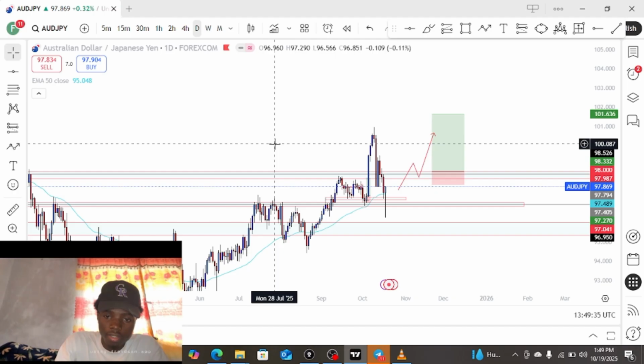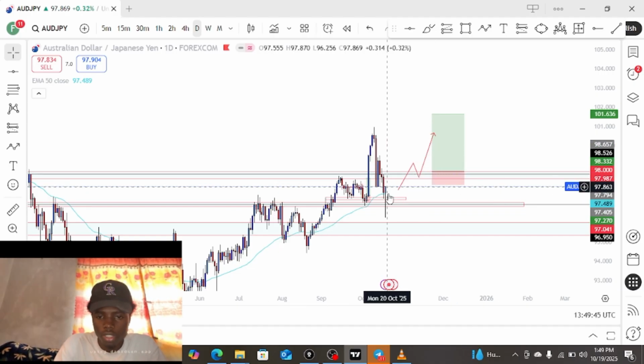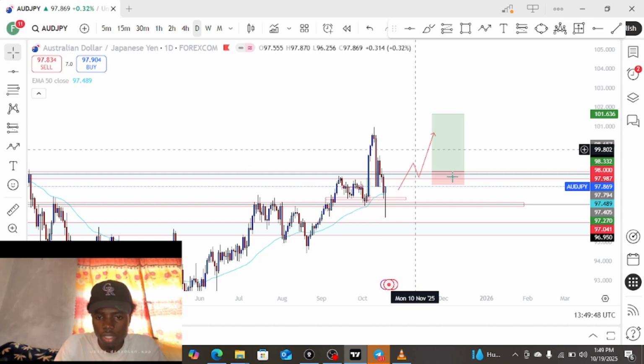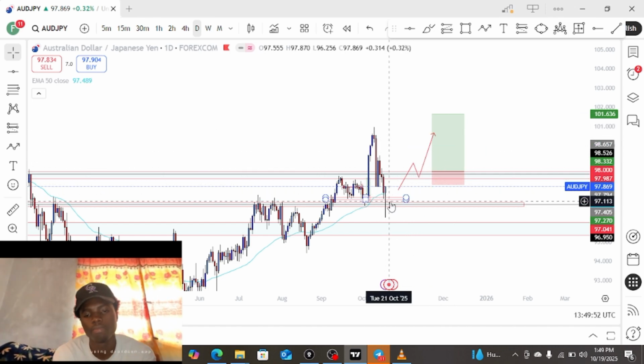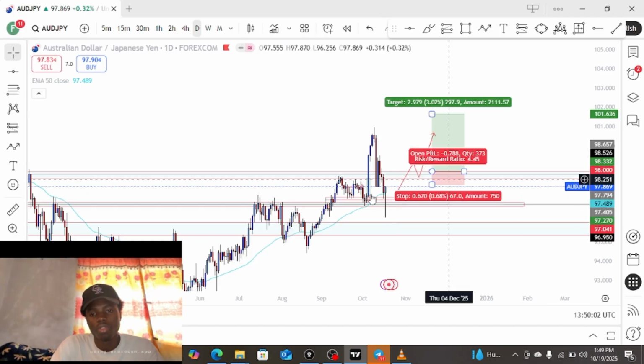We need that daily break and retest on the AOI. Simple, bro. Simple as that. Let's wait for this. This might be days or weeks, so we can take this trade in the next 2 weeks. Today is Sunday, right? Yeah, so that's next week. We'll be taking this trade next week, so this is gonna be a next week trade.